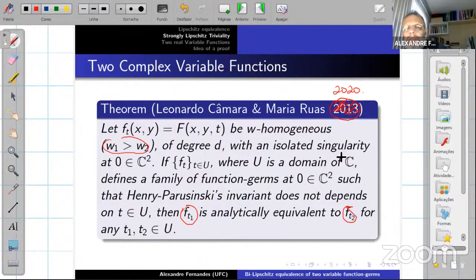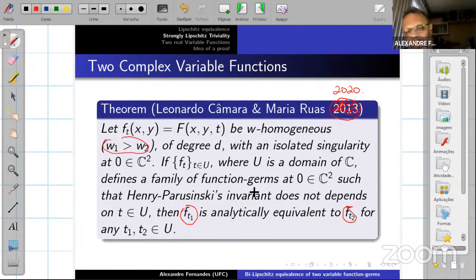Okay, this is an enormous improvement of our theorem before with Maria Ruas, because this is in the direction of: if F and G are bi-Lipschitz equivalent, then F and G are analytically equivalent. But they do not prove this yet.